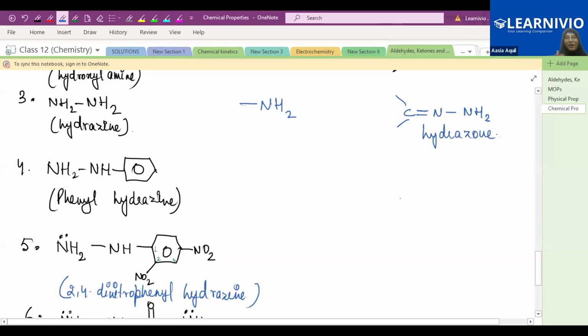Just remember, when a carbonyl compound is treated with hydrazine, it will give you hydrazone. So hydrazine can be converted to a hydrazone by treatment with a carbonyl compound. This is hydrazine and this is your hydrazone. Just remember that: carbon double bond nitrogen and NH2. So this is a hydrazone.